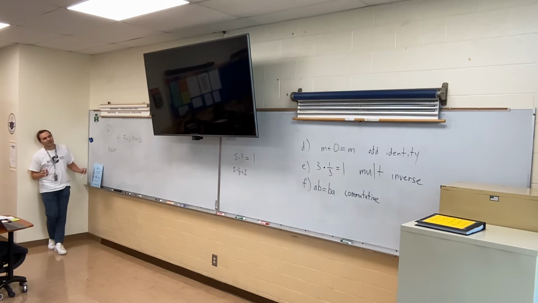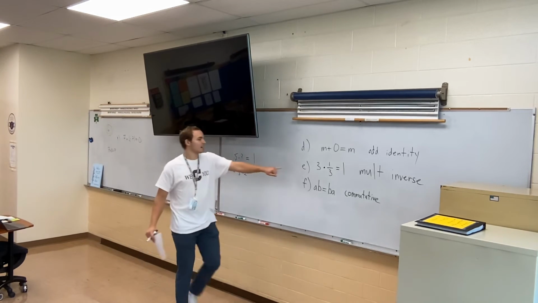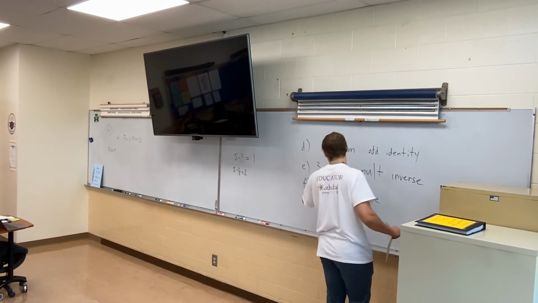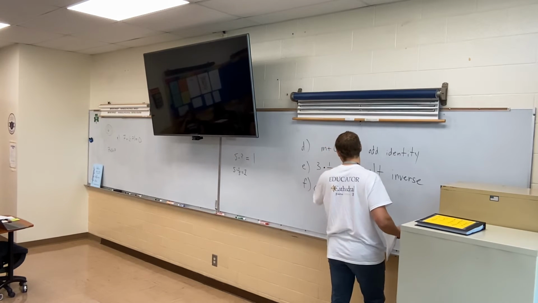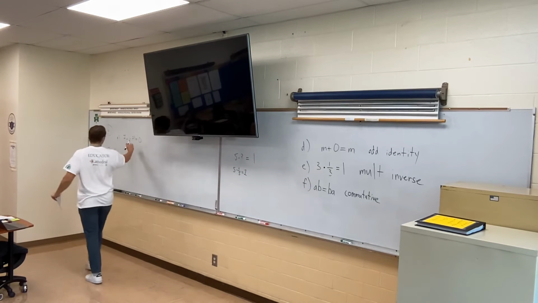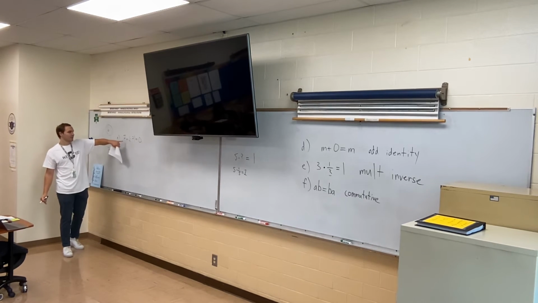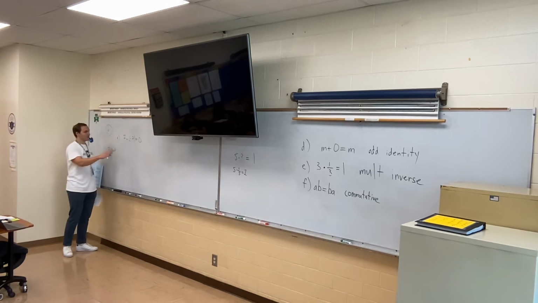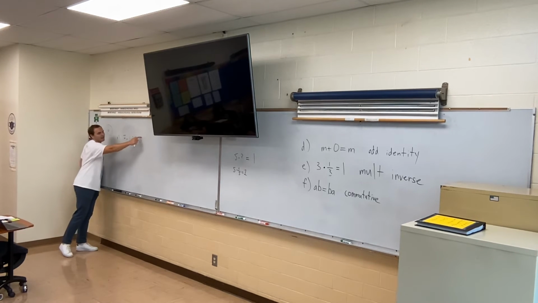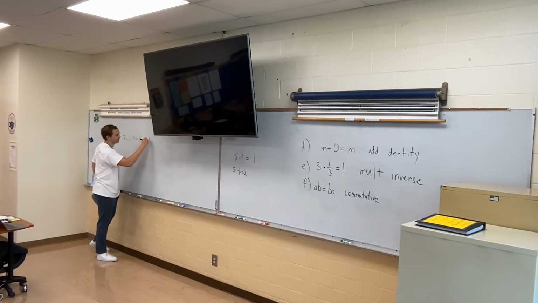So what did we say about multiplicative inverse? 3 times this multiplicative inverse gets us our identity element under multiplication. Over here, this is the same thing, but for addition. Additive inverse. For any number, there's a number that I can add to it to get my addition identity element. So this is add inverse.